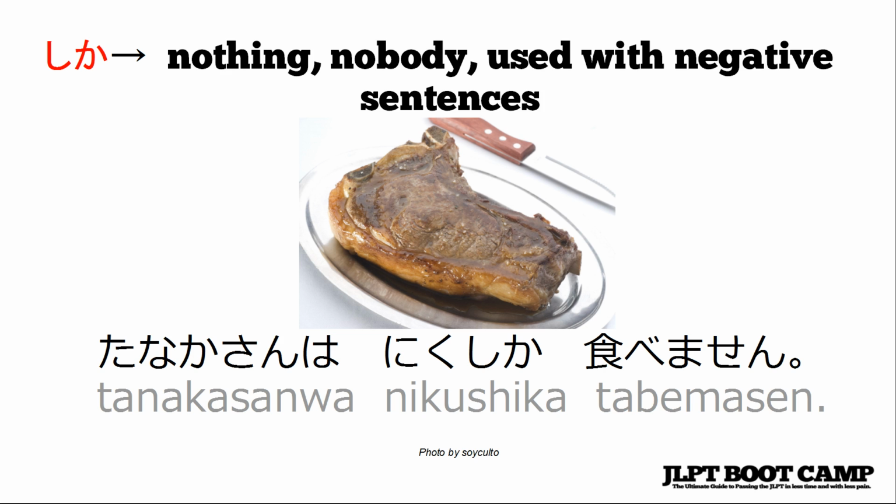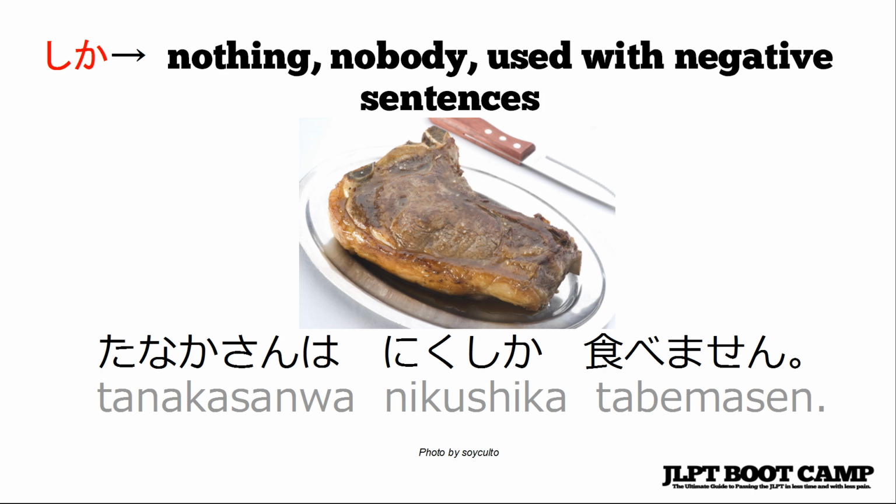All right, let's move on to shika. Shika can mean nothing or nobody but this person. So it's always used with negative sentences. So basically, for this example sentence, Tanaka-san wa niku shika tabemasen.